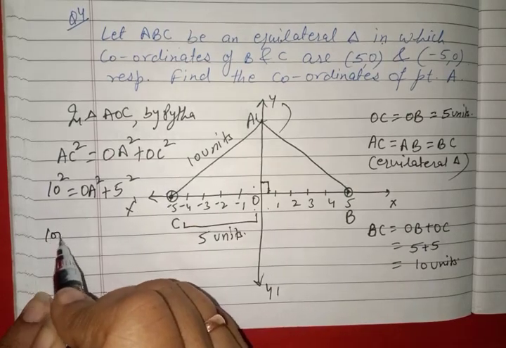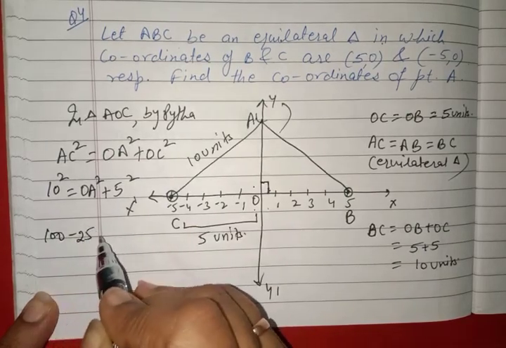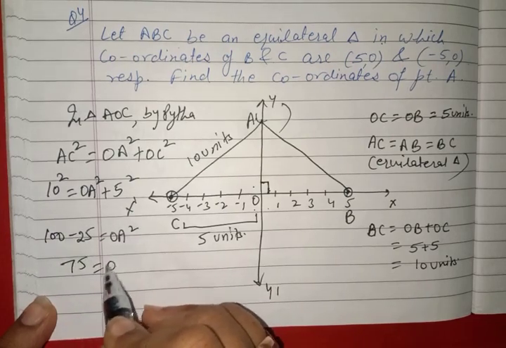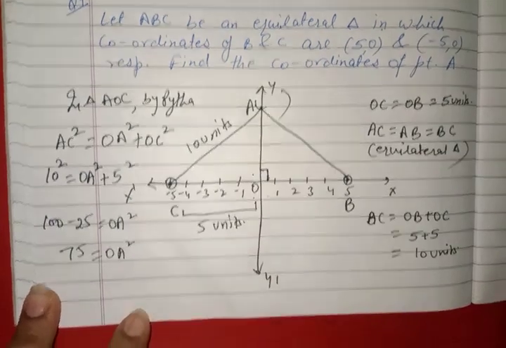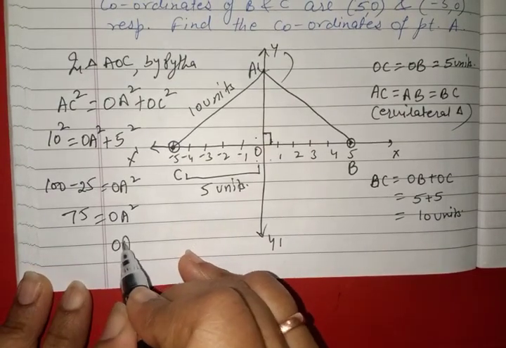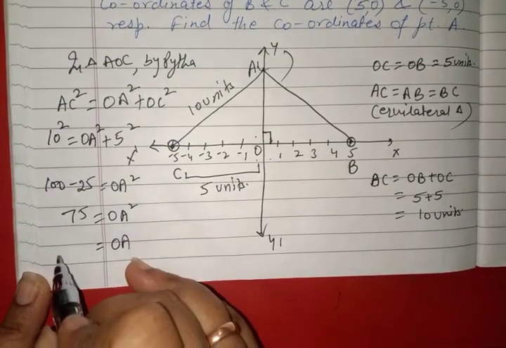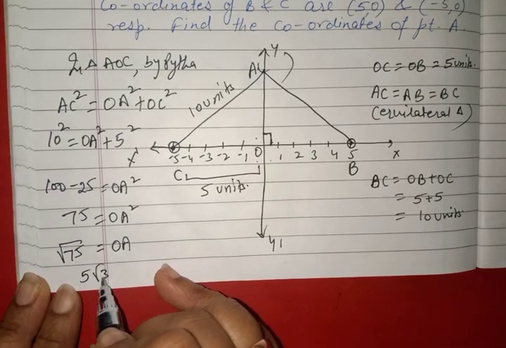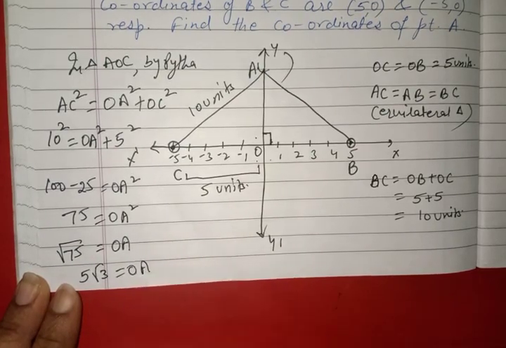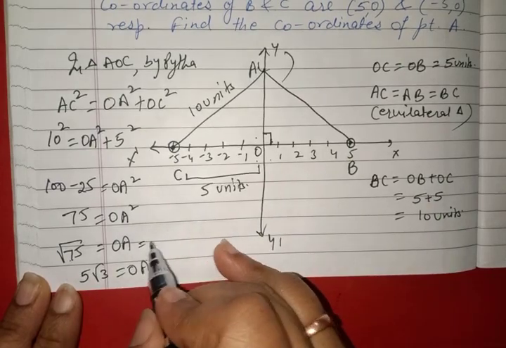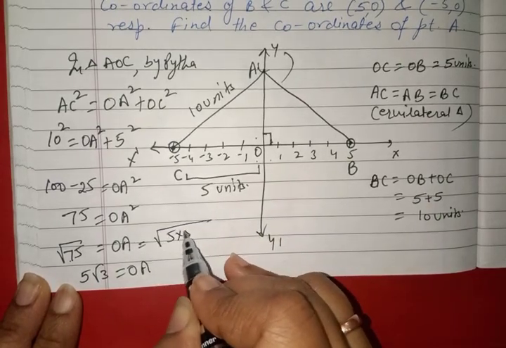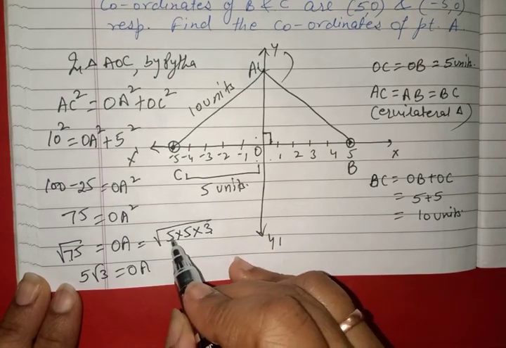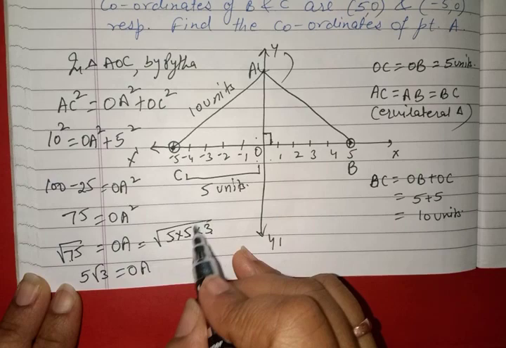So this is 100 minus 25, which is equal to OA square. 75 is equal to OA square, so OA will be the square root of 75, which is 5 root 3. Because the factors of 75: 5 times 5 is 25, and 3 makes 75. The 5 will go out of the square root symbol.